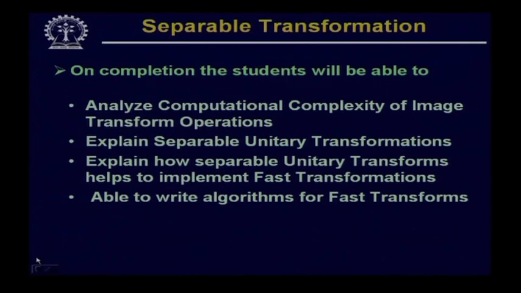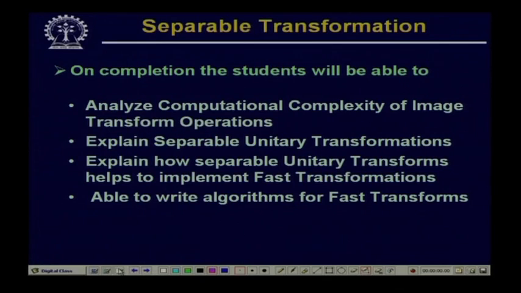So, first let us see what we did in the last class. In the last class, we took a one dimensional sequence of discrete signal samples, given in the form u n, where n varies from 0 to capital N minus 1.